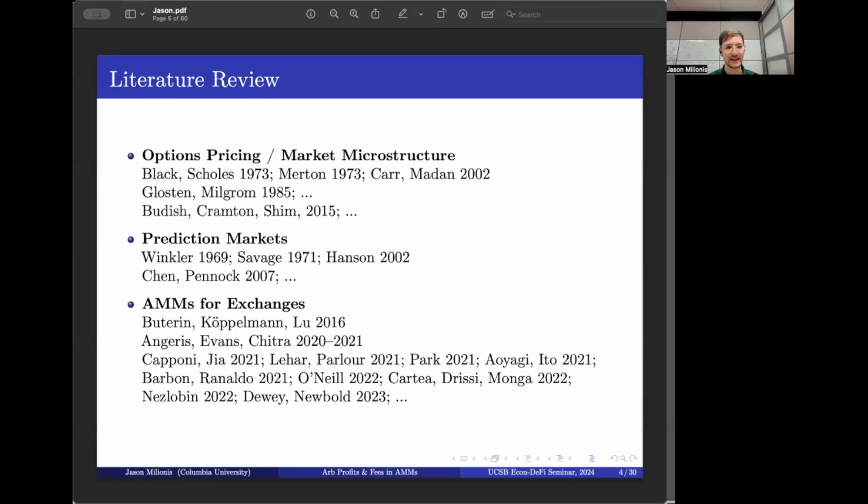The one on prediction markets is relevant to AMMs, of course. And finally, the literature that has sprung up in recent years on the use of AMMs to build decentralized exchanges. You can see a good description of those works in the slide here.